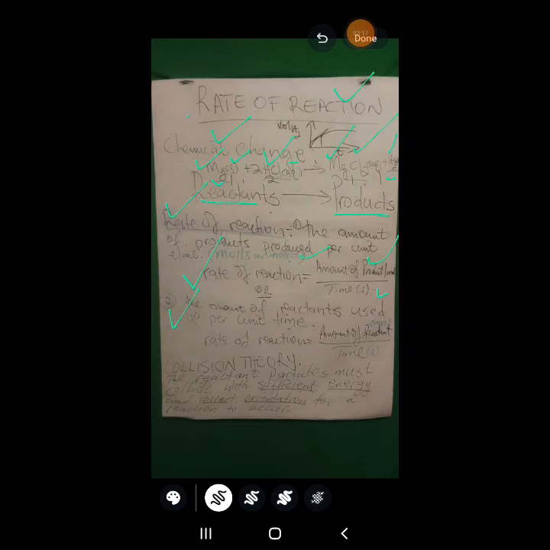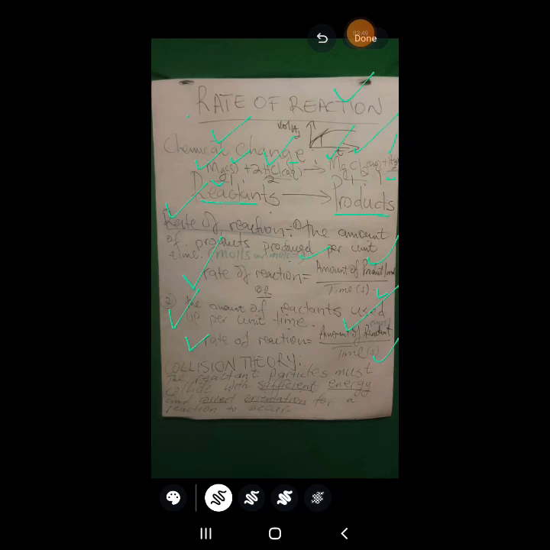Another way we can also determine the rate of reaction is the amount of reactants used up per unit time. In other words, we can get the rate of reaction from this mathematical equation: rate of reaction is equal to amount of reactant used divided by time in seconds. So these are the two ways by which you can define and determine the rate of reaction, right?